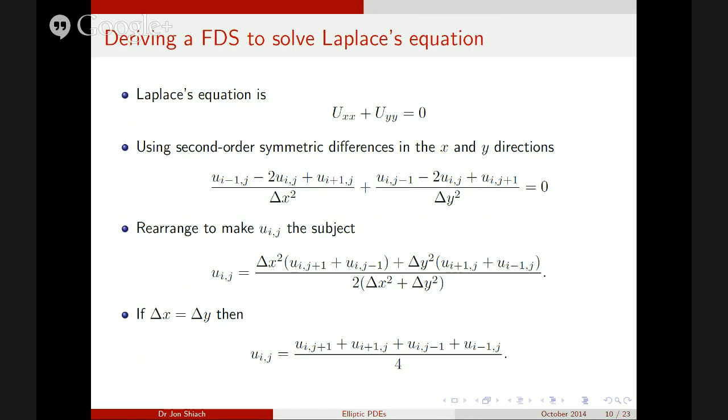All we have here is the average of the adjacent nodes in the compass direction: the node on top, plus the node to the right, plus the node on the bottom, plus the node to the left, all divided by 4. That's our finite difference scheme, an approximation of our solution at node ij.